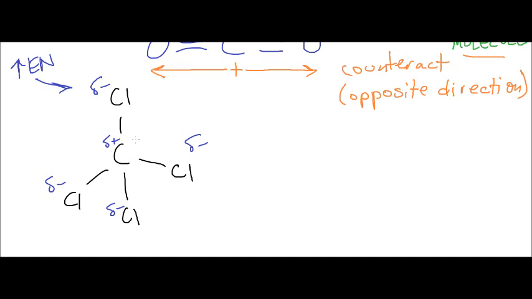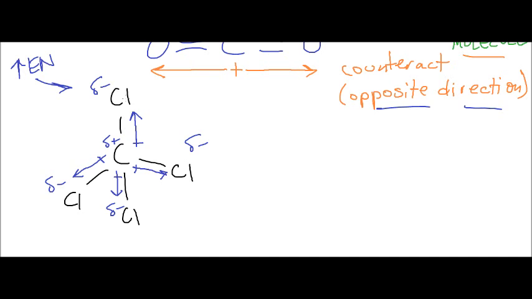So the polar vector is going from positive to the negative, going apart from that central atom. They're counteracting one another, going in opposite directions, as we said before.